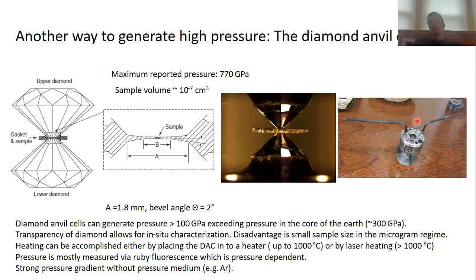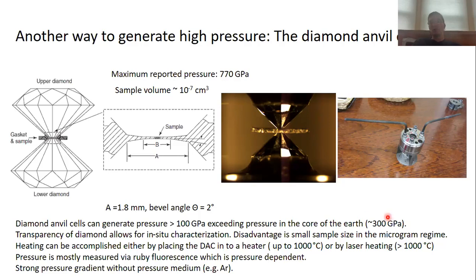And then you see you have these set screws, and you can just turn these set screws mechanically by hand in order to apply the pressure to the diamond anvils that are inside of here. Okay, so by hand force, you can produce pressures which are higher than the pressures at the core of the Earth.